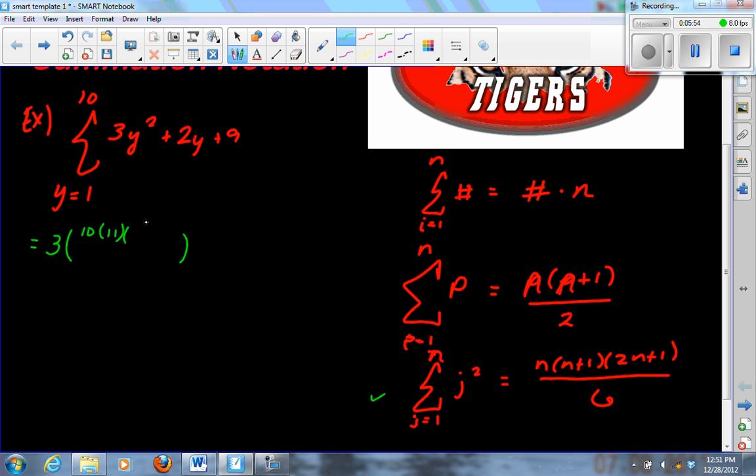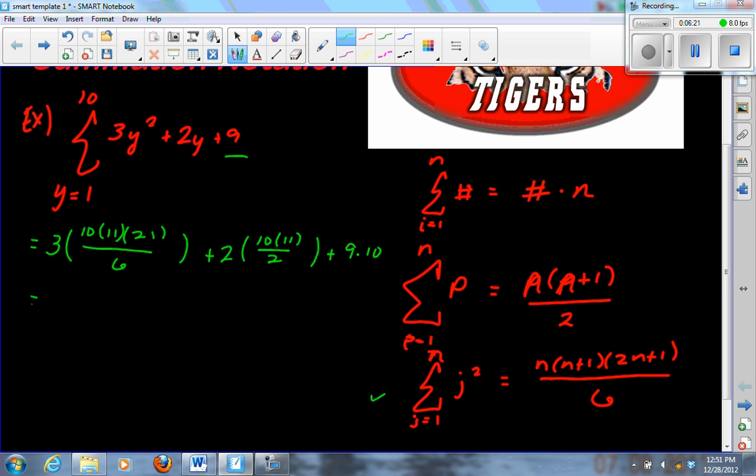2 times 10 plus 1 is 21 all over 6, plus 2 times the y to the first power formula is right here, 10 times 10 plus 1 over 2, plus this one, which fits this formula, a number. So this would be whatever number you have times how many you have.